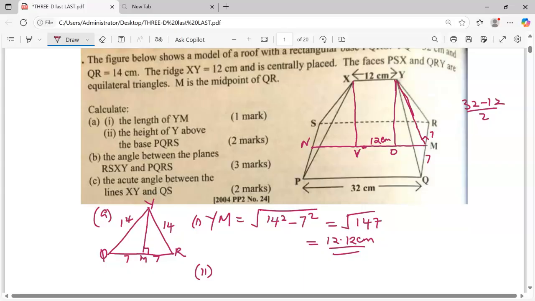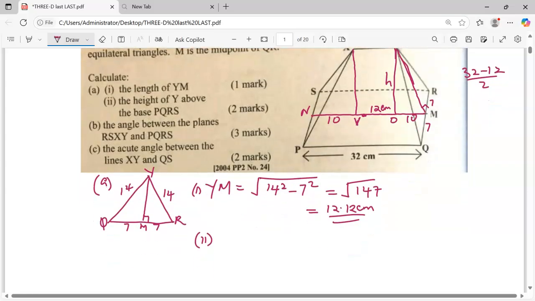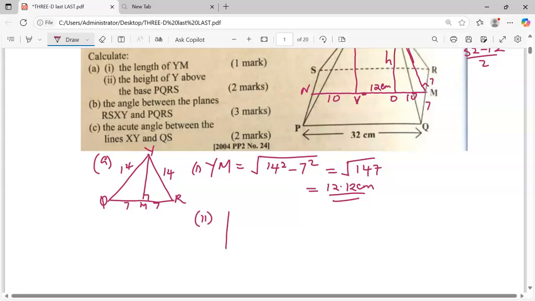That means NV is going to be 10 and OM is going to be 10. So the height we are supposed to calculate is OY, and therefore we are going to use a triangle that is going to look like this. This is going to be our height, OY. Then we have a point M here.